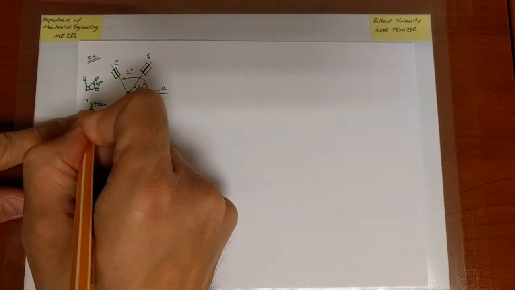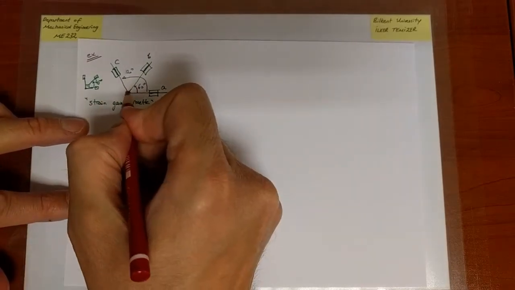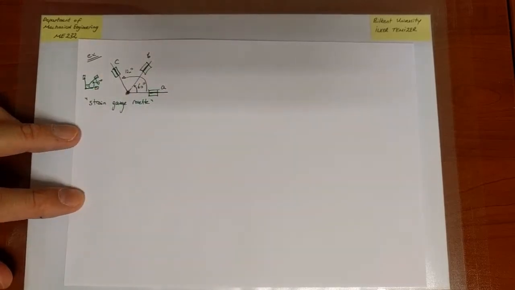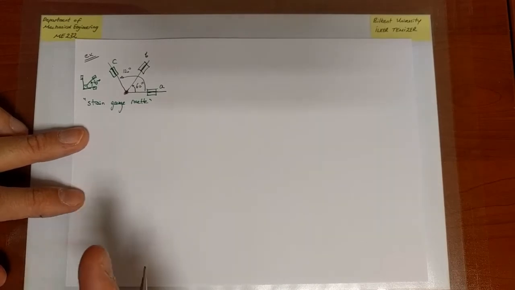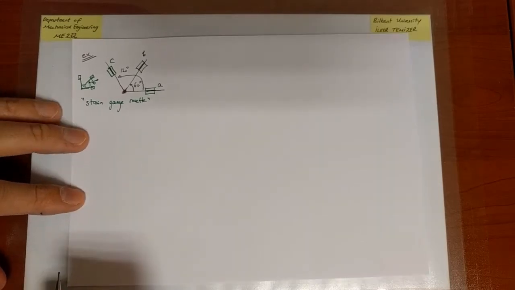Okay, so you don't have a single strain gauge, but you have a rosette of them, and together they will help me characterize the state of strain at a point in the structure towards the assessment of safe failure. And I need to know, of course, something about the material behavior.